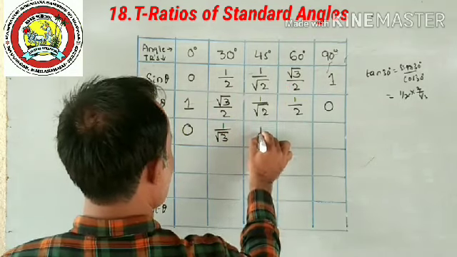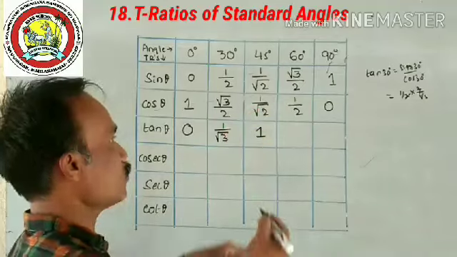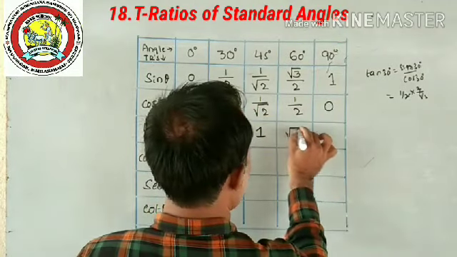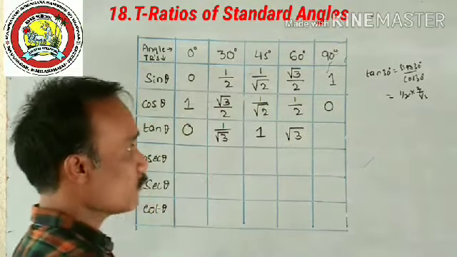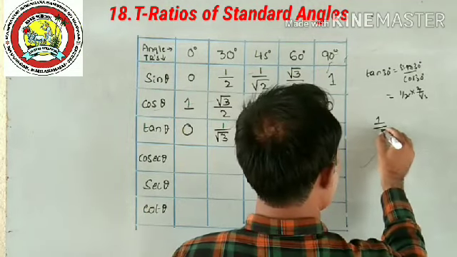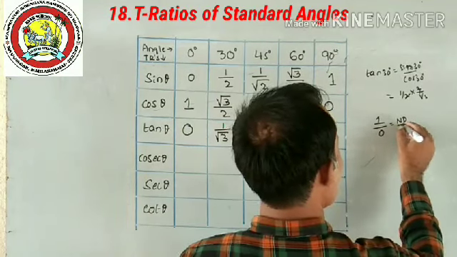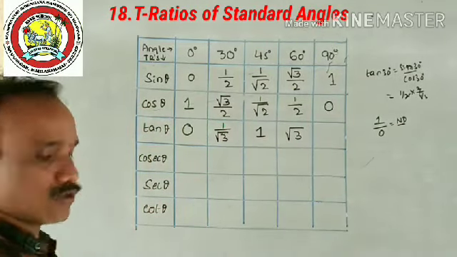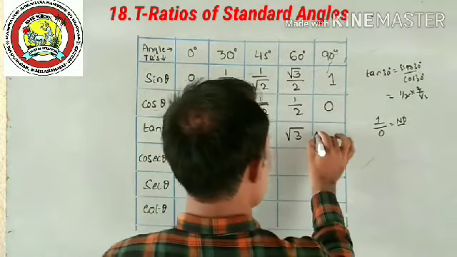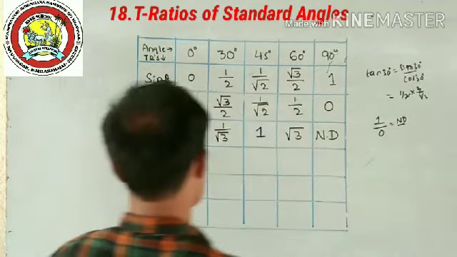Tan 45 is 1. Tan 60 is root 3 by 2 into 2 by 1, the 2s cancel, so root 3. Now tan 90 is 1 divided by 0, which is very important. 1 by 0 is not defined. We cannot define it. Not defined, ND.